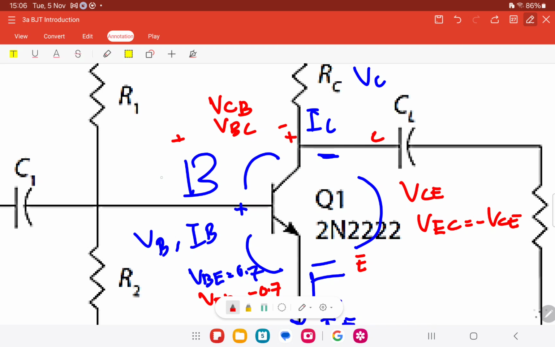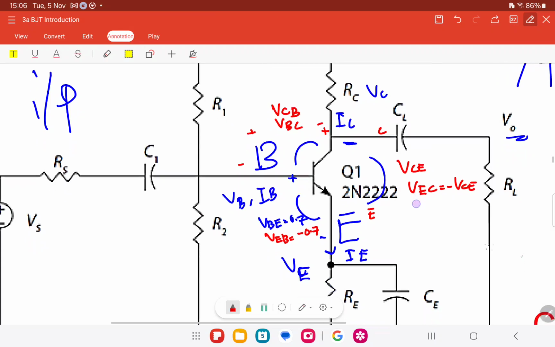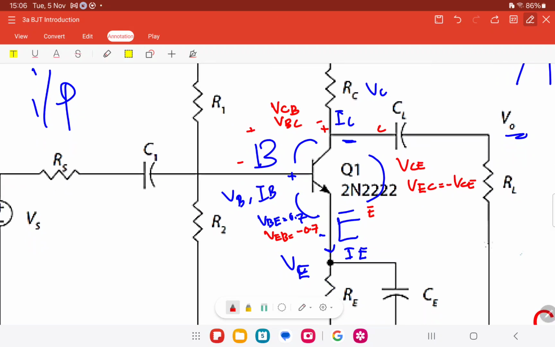Ataupun terbalik, sini negatif, sini positif and negatif. So, ini adalah current control voltage devices, meaning that first thing is important untuk cari IC, IE and IB. From there, you can get the value of VE, VC, VB.